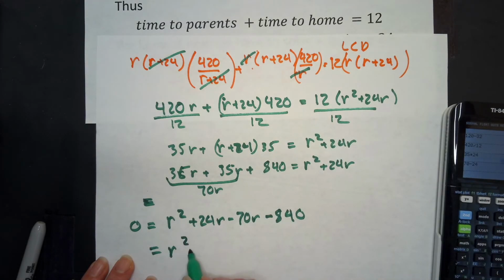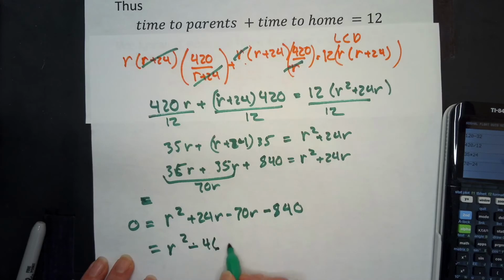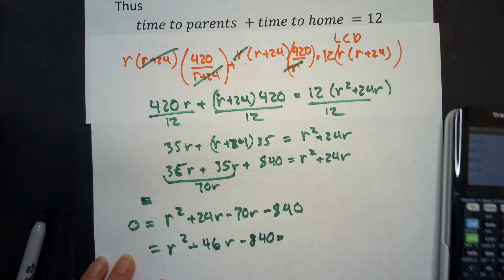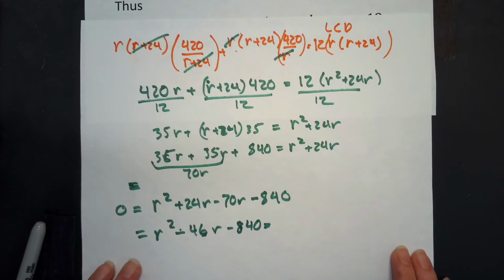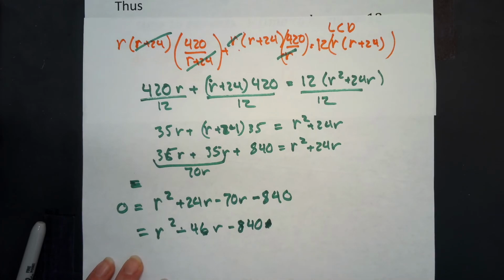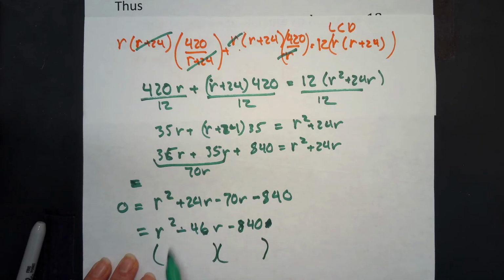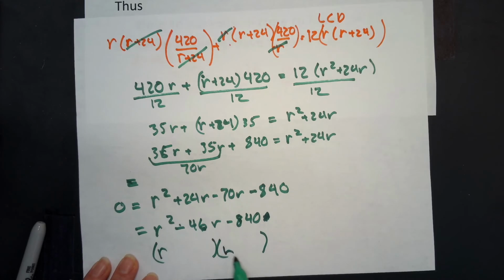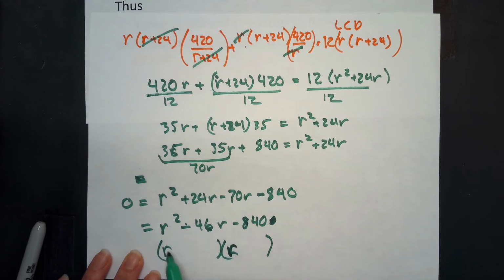So that's minus 46R minus 840. These numbers are kind of big because it deals with driving distances. A lot of these problems are smaller, especially when they don't deal with driving distances. So now I need to factor this, and I think it factors nicely because they want to give you nice numbers back out, but it may not in your example.